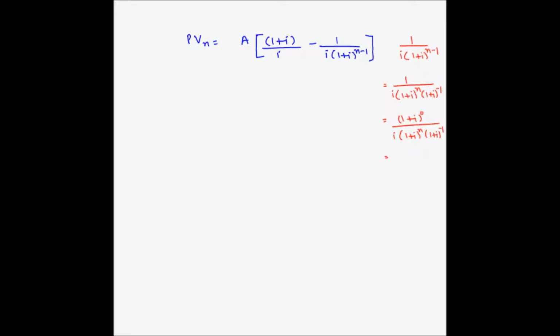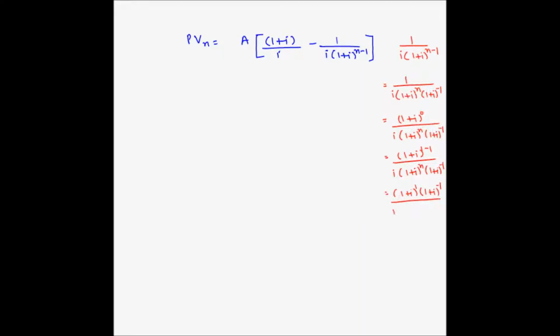Now 0 can be written as 1 minus 1. So 1 plus I to the power 1 minus 1. 1 minus 1 is 0. Divided by I into 1 plus I to the power n into 1 plus I to the power minus 1. Now the numerator can also be written as 1 plus I to the power 1 into 1 plus I to the power minus 1.